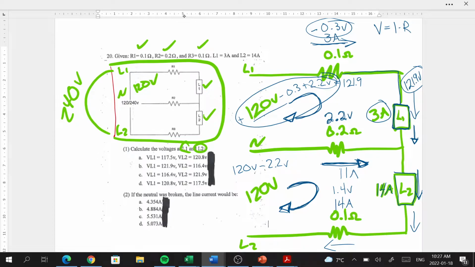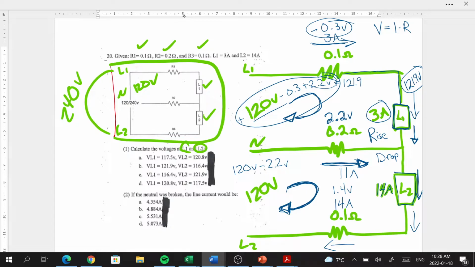If that occurs, and this is only going to happen in the neutral, it's now going to be a rise on this side. And another way of looking at it is if it were a rise on this side of the equation, then it must be a drop on this side of the equation.